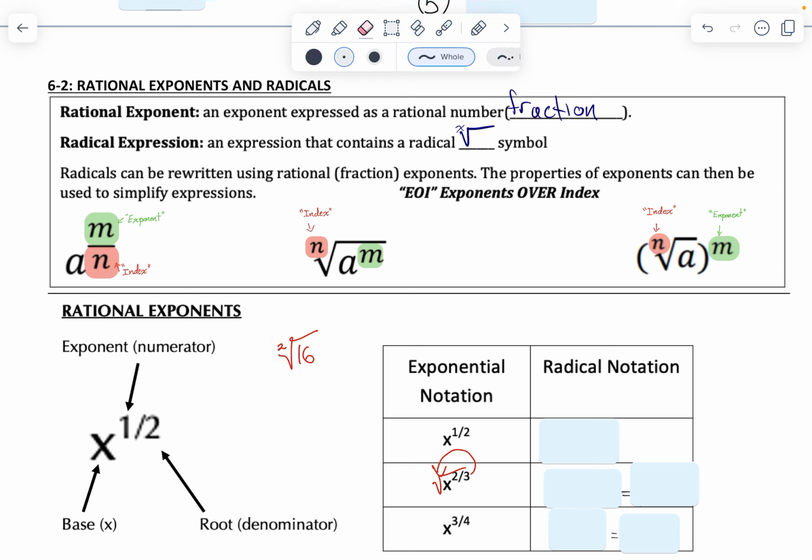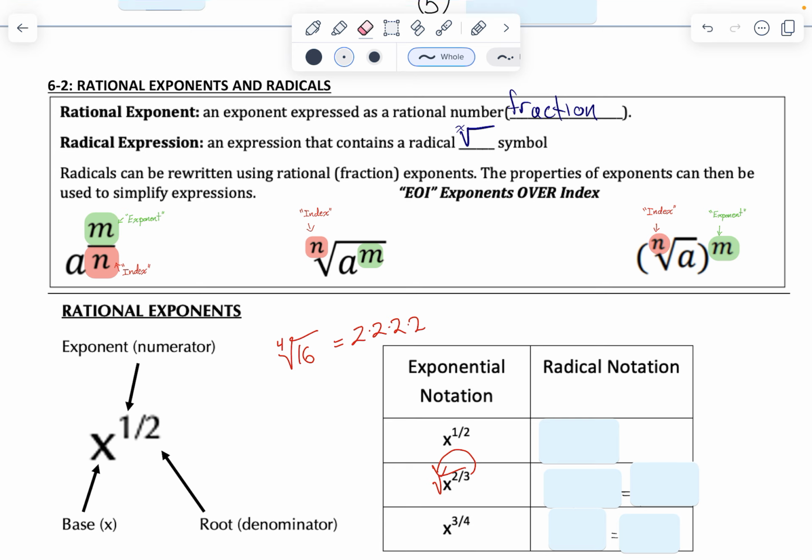And we could even change that and say some number times itself 4 times equals 16. And the answer to that would be 2. So 2 to the 4th is actually 16.